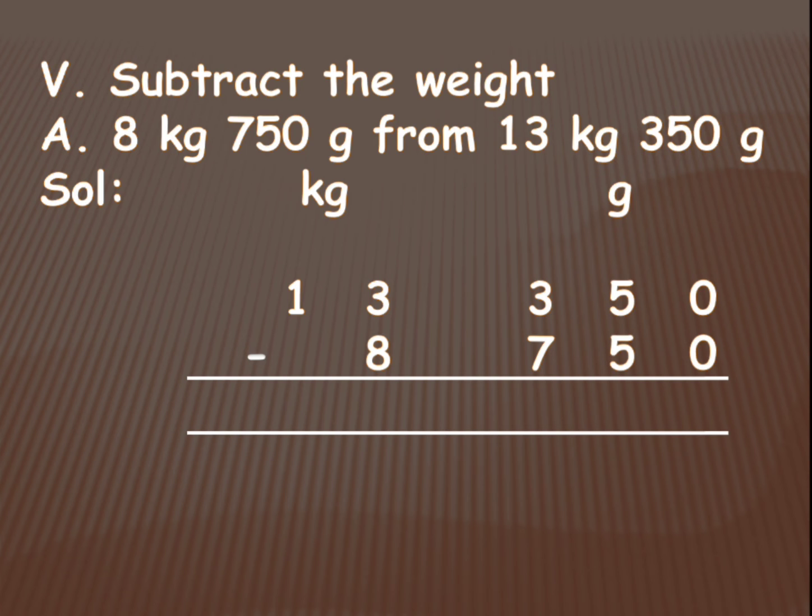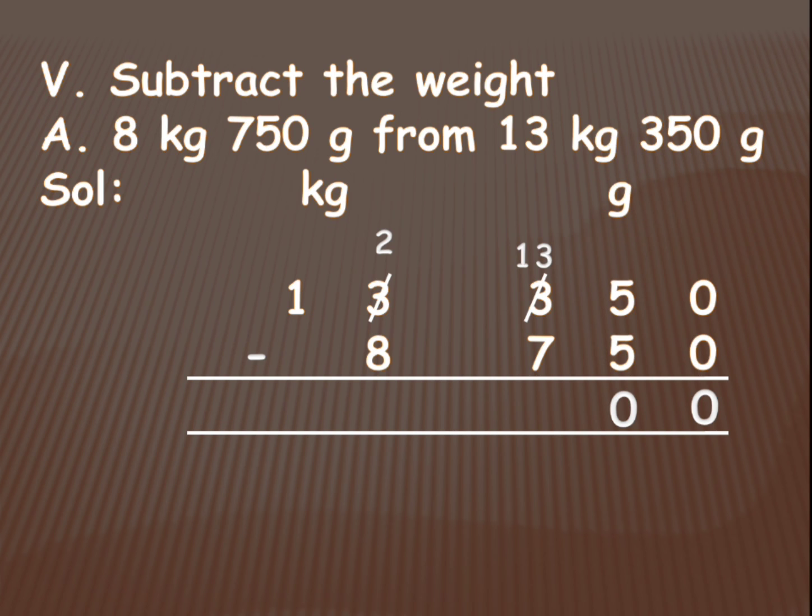So you have 0 minus 0, becomes 0. 5 minus 5 becomes 0. Now you have 3 minus 7. So we can't do 3 minus 7, isn't it? So what you have to do, you have to borrow from the kgs. In ones place in kgs you have 3. So that becomes 2, and the 3 in grams becomes 13.